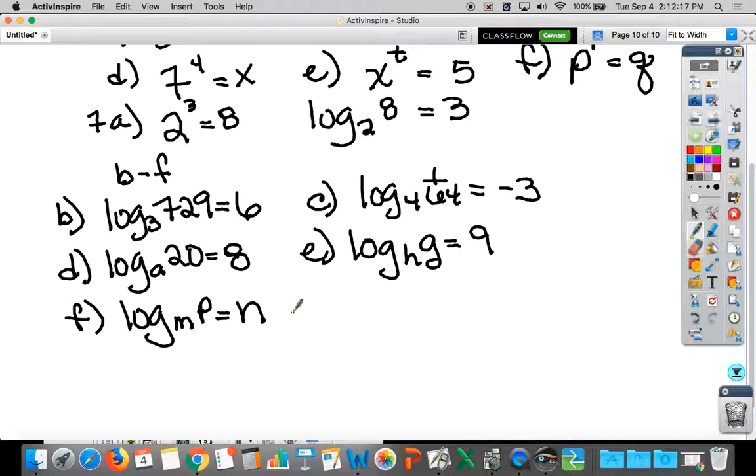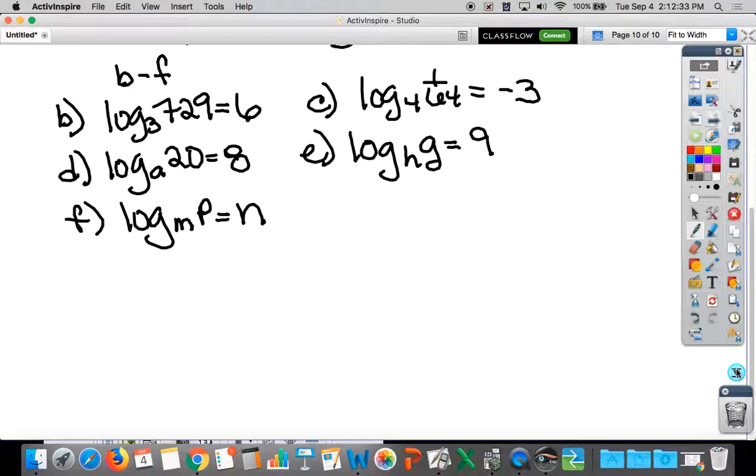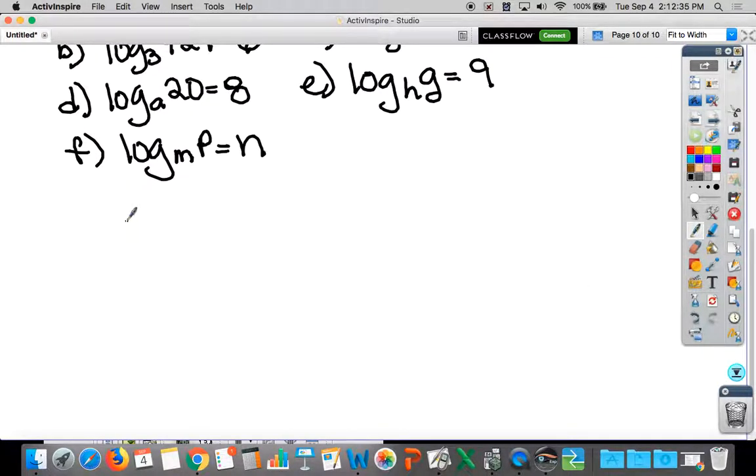Okay, the next ones we're gonna do in our calculator completely. On number 8, it says evaluate the following, and all it is that they've changed your base. So you can't just type in LOG or LN, but if you look on your calculator, you press the LN button 3 times, it lets you change your base.